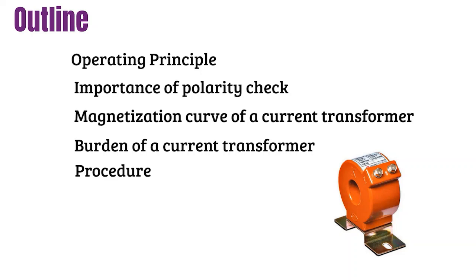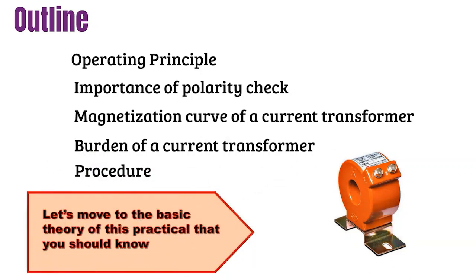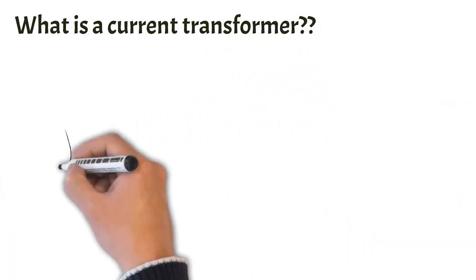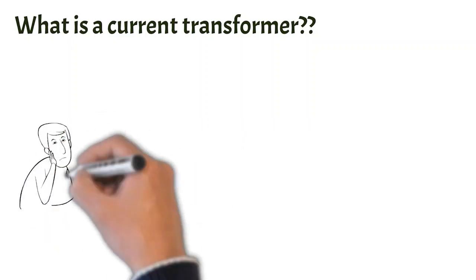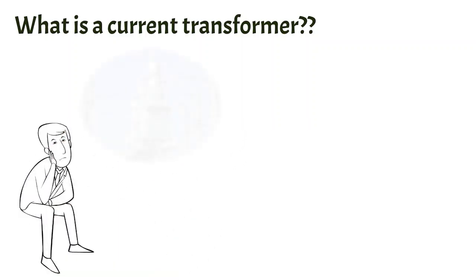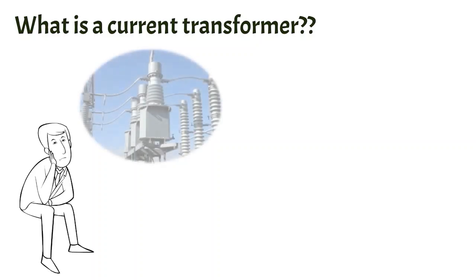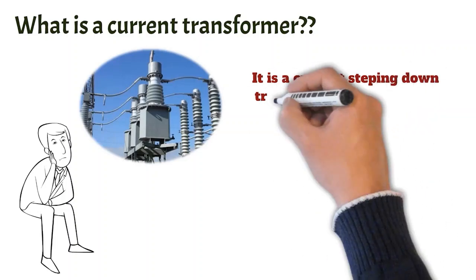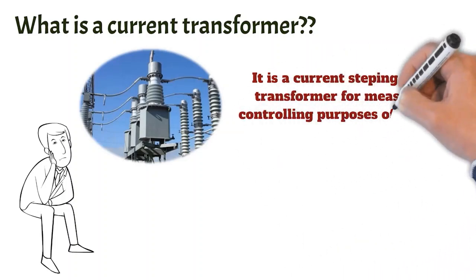So let's move on to the basic theory part of the practical. You have completed your industrial training module. There you visited switchyards of grid substations and power stations. Now go back to that nice memory. There you saw current transformers. Current transformers, simply referred to as CT, are, most of the time, current stepping down transformers.